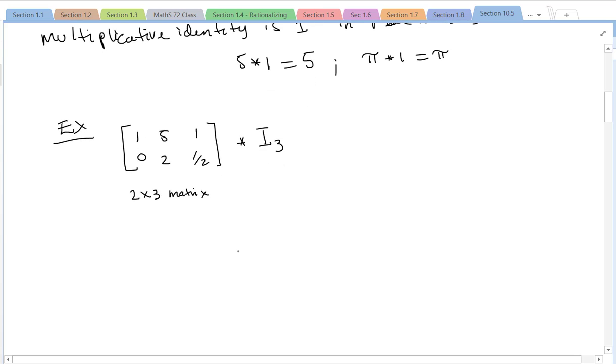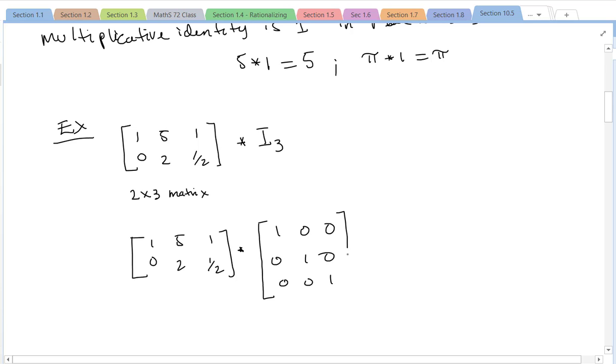So let's try it. What this says is if I have this matrix and multiply it by the 3 by 3 identity matrix, I'm going to get the original matrix. So let's see. 1 times 1 is 1, plus 0, plus 0.